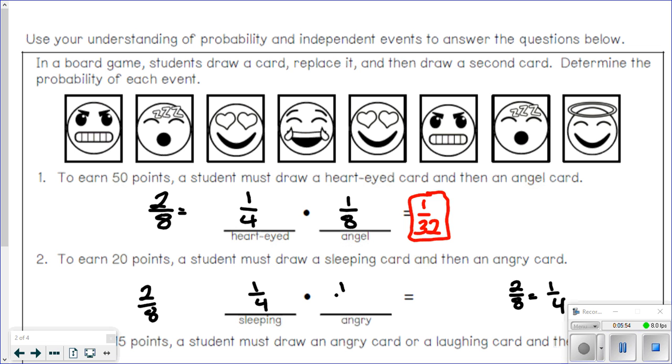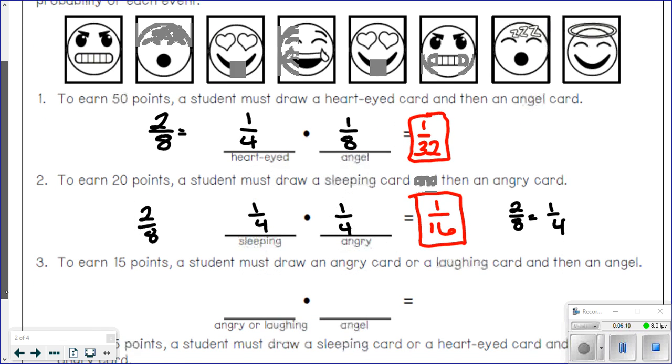So to find the probability of drawing a sleepy card and then drawing an angry card, we're going to multiply those together. 1 times 1, multiply 4 times 4, and the probability is 1/16. So hopefully you're thinking this is pretty simple.